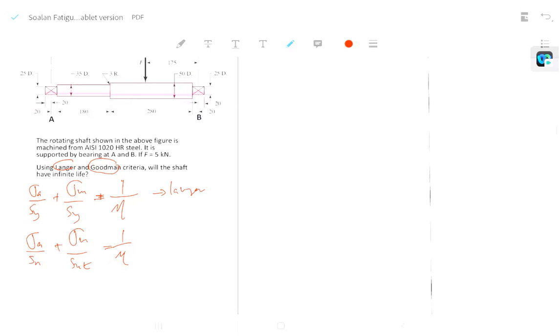So in order to find the fatigue stress, we have to follow the process of getting it. What is the process?